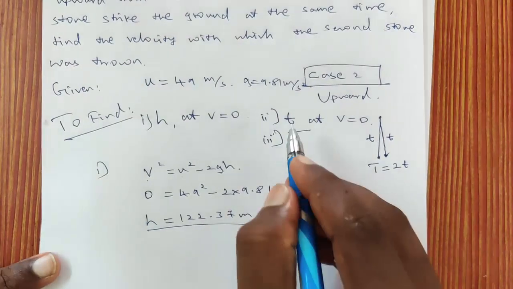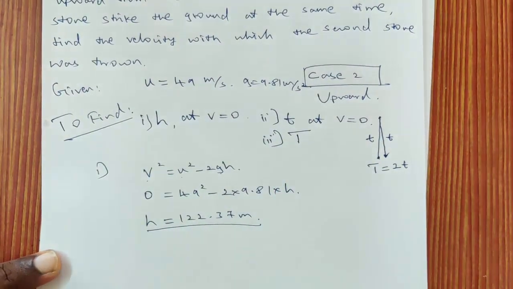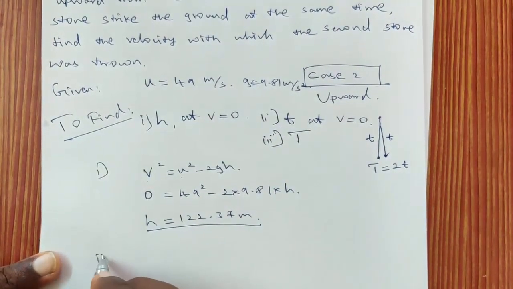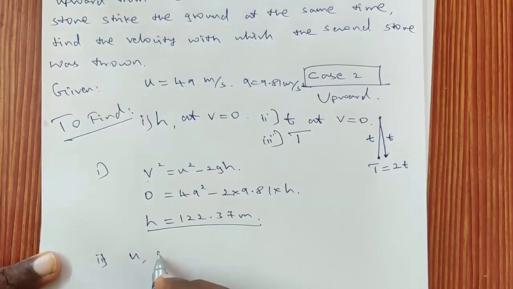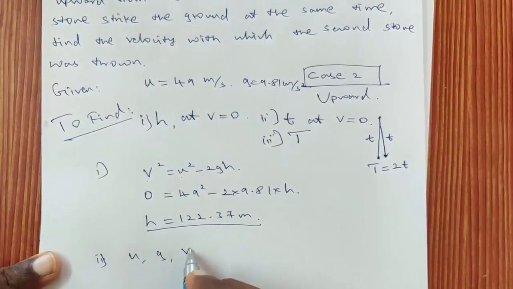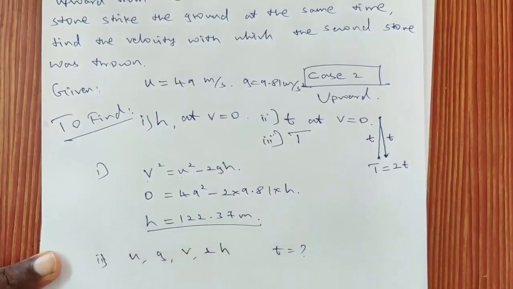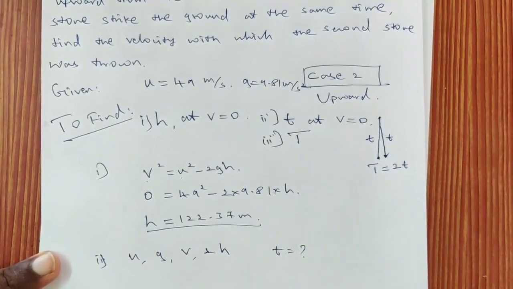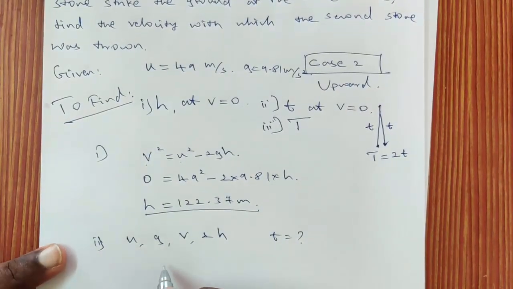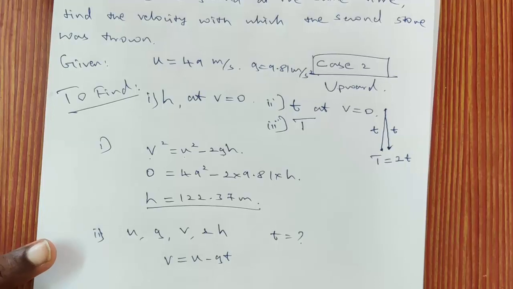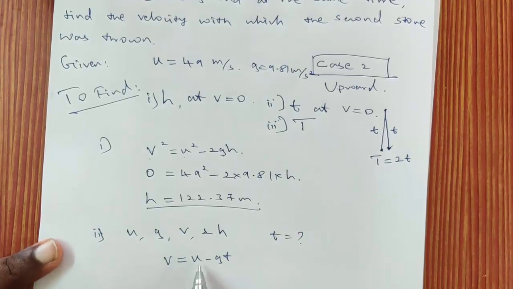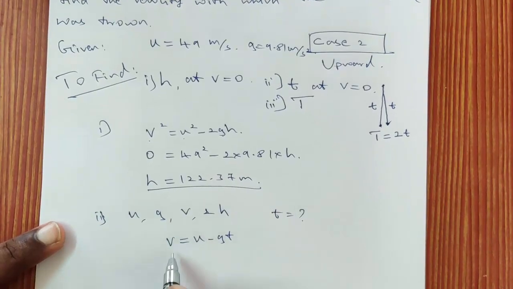The second one, the time at which v is equal to 0. So now we have the u, g, v and h. We have to find out the value of t. Here we can use the first equation, that is v is equal to u minus gt. In this equation we have v, u and g. The only unknown value is t. So we can substitute the values.